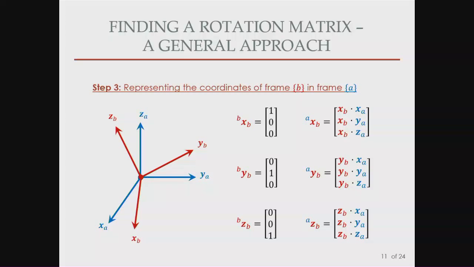Okay, so this is one example. Here is another example. I would do here X_B dot Y_A, which is 1 times the cosine of the angle between them. So what is the angle between X_B and Y_A?